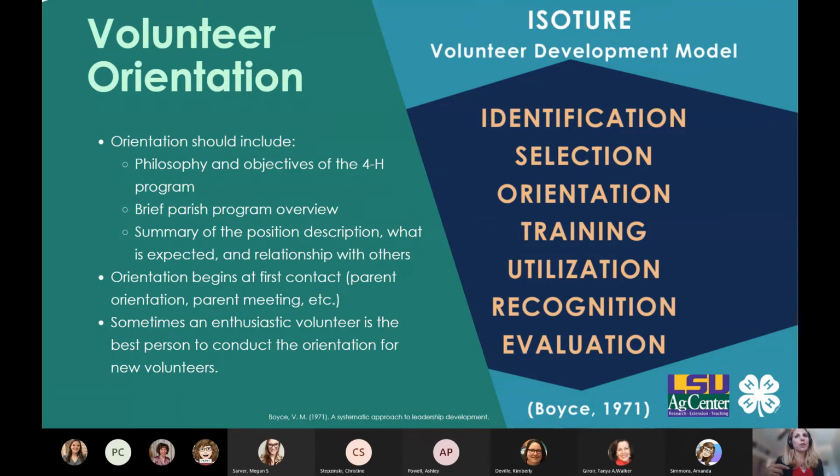Sometimes your very enthusiastic volunteers are some of the best people to help you conduct these orientations. They're on the front lines, understanding what it's like to be a volunteer in the program, so reach out to them and give them that critical role. Remember, we're talking about volunteer empowerment, giving our volunteers more leadership roles within our program. That's one thing you can look to implement when you're creating a successful volunteer orientation.